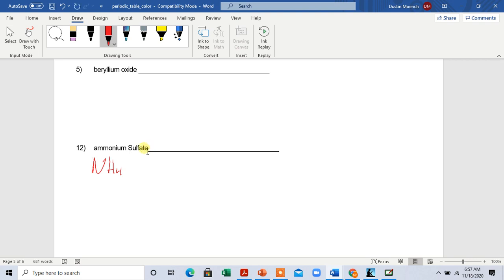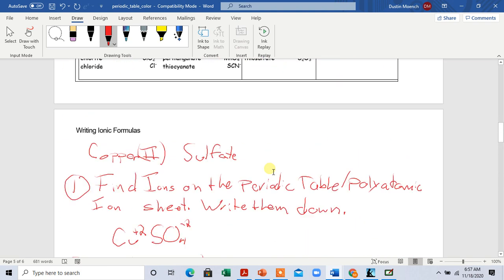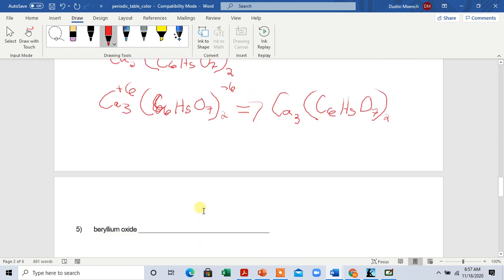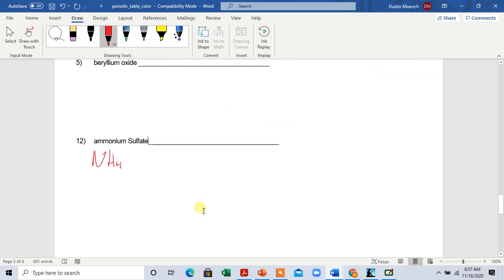I want to show you some different ones. Ammonium, all right, NH4. Now we'll change it to sulfate. Sulfate is SO4. Just making a change there so it doesn't keep balancing out.